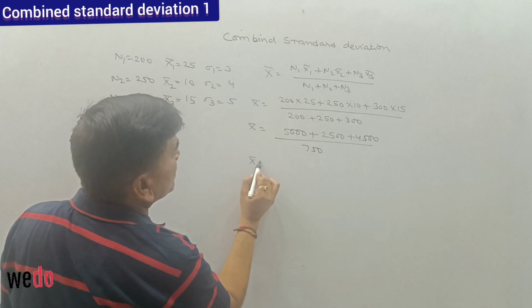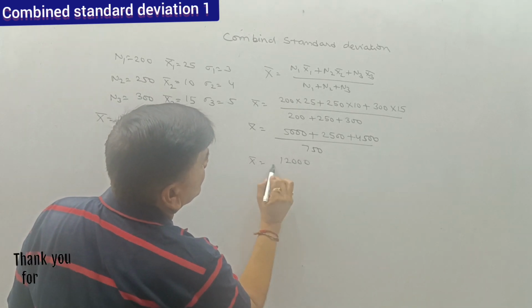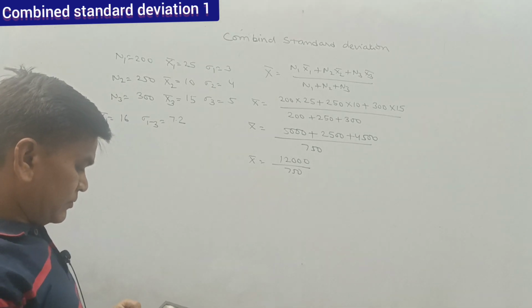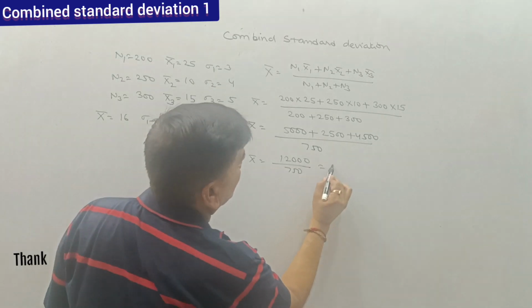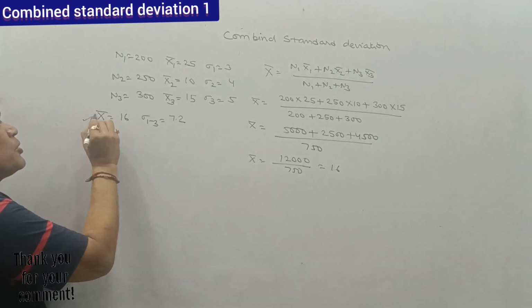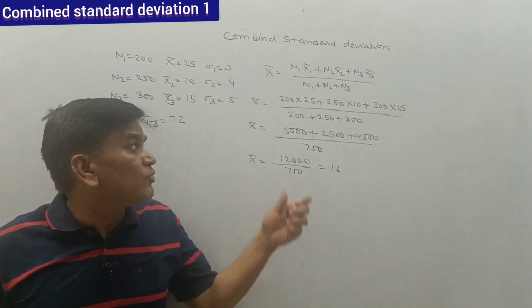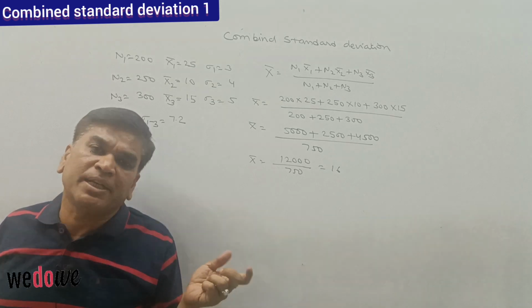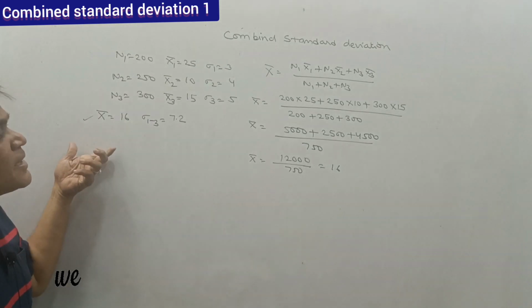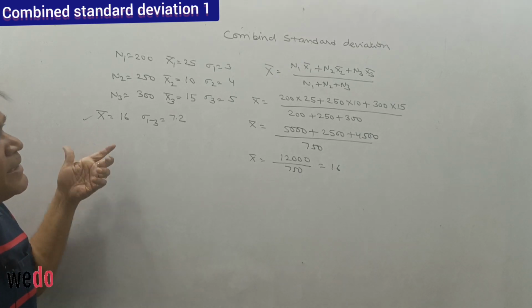So that will be 12,000 divided by 750. So the value is 16. So it is proved. The very first thing we had to prove is that the combined arithmetic mean is 16. So we have calculated the combined arithmetic mean, and that is 16. So the very first answer we got is 16.